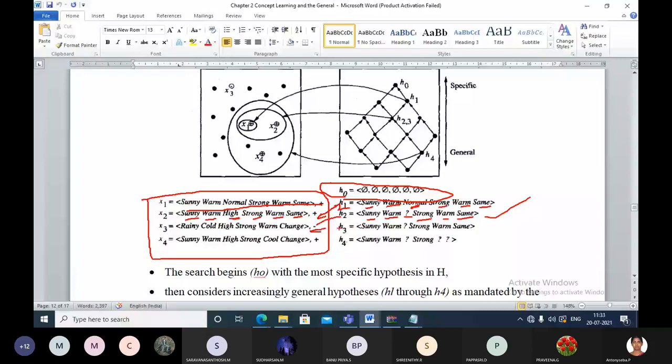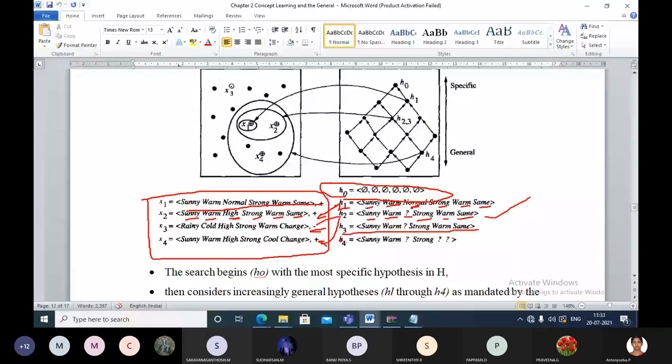Actually here what they have done is, since this is negative, you don't consider this example. So your H3 is the same as your H2. That's what they have done here. And now you compare your H3 with this new data instance X4.